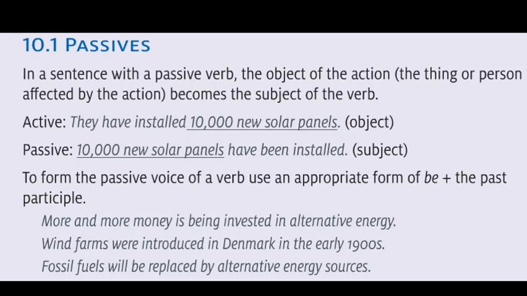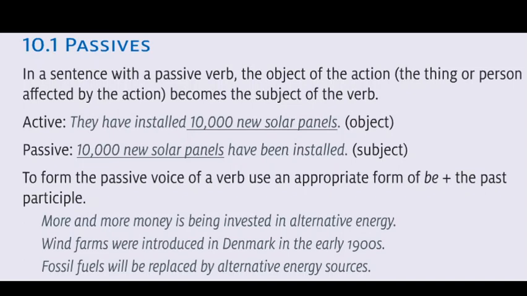What is underlined in this sentence is the object of the sentence, the direct object. Why? Because the verb installed goes over the 10,000 new solar panels. Okay?